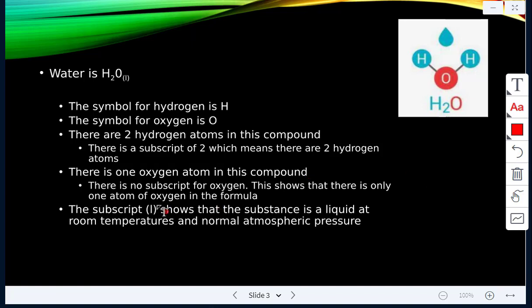And that little subscript L shows that it's a liquid at room temperature and under normal atmospheric pressure. And in this diagram, we can also see that there is 1 atom of oxygen and 2 atoms of hydrogen to make water, which is H2O.